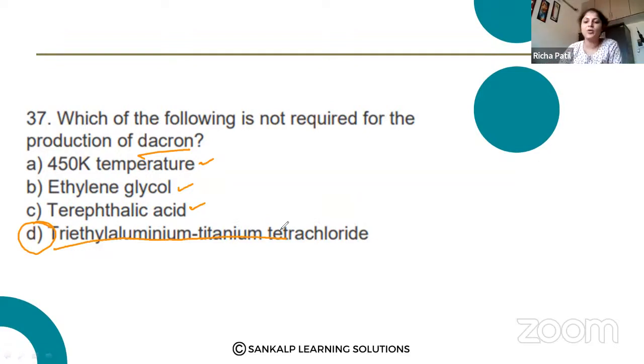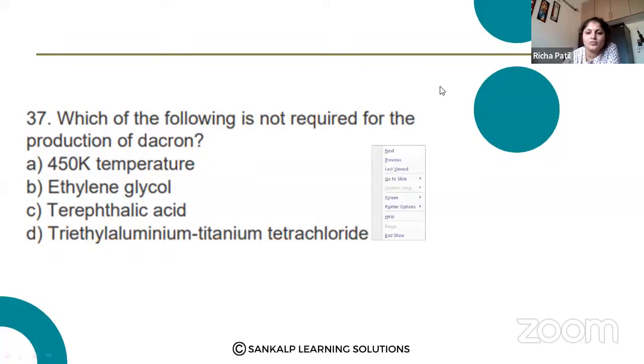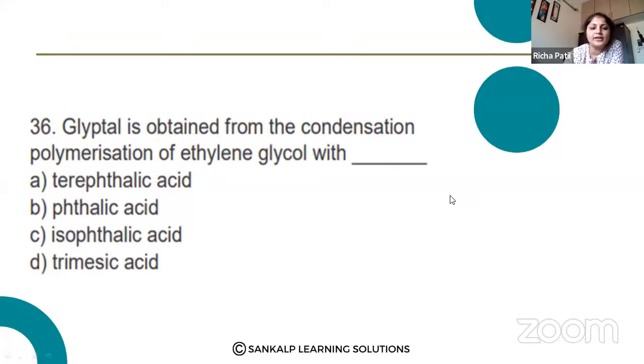Yes, you can message in the chat box. What is it called and where is it used?